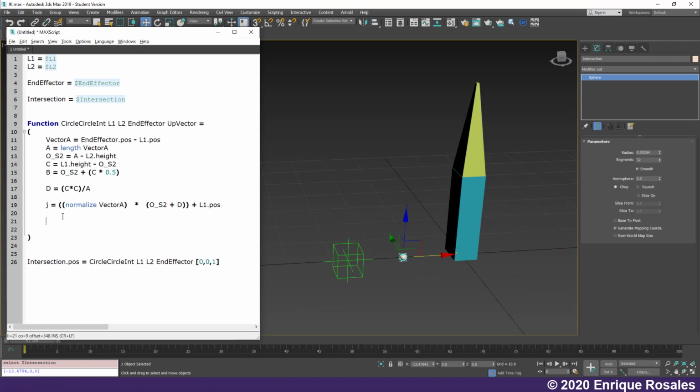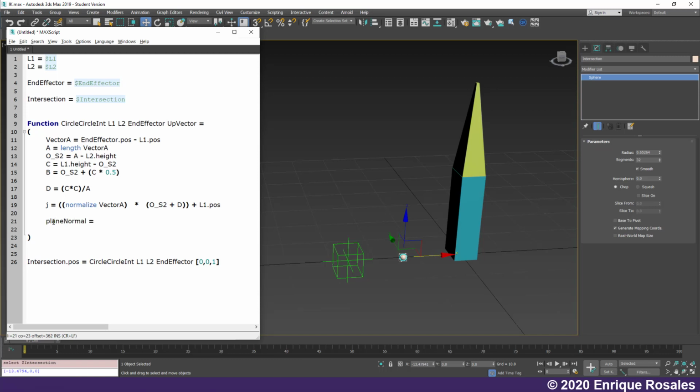Then I will call the computed vector the plane normal, because again, I'm solving the inverse kinematic problem as a triangle, and a triangle represents a plane. So this vector is the normal of that plane.